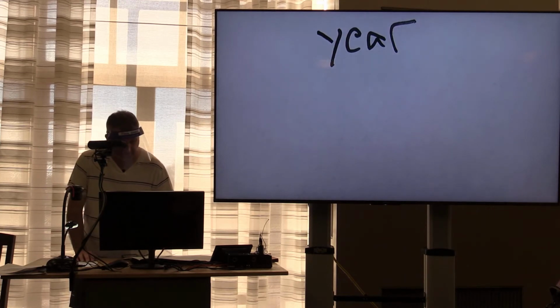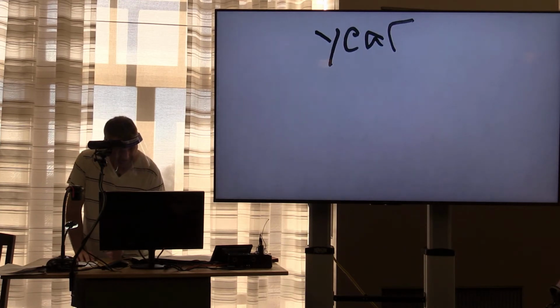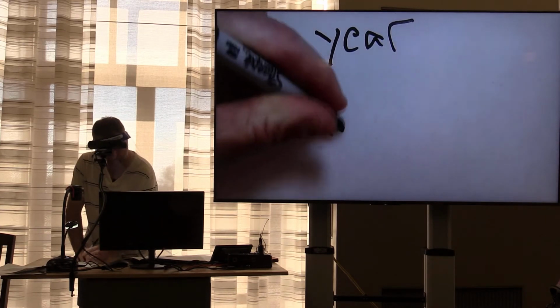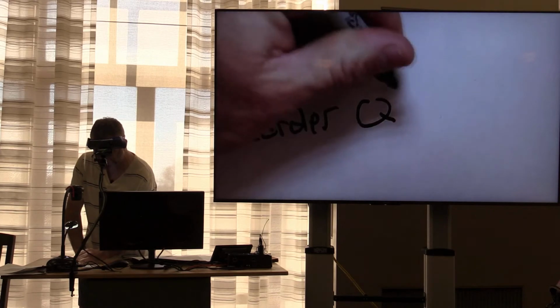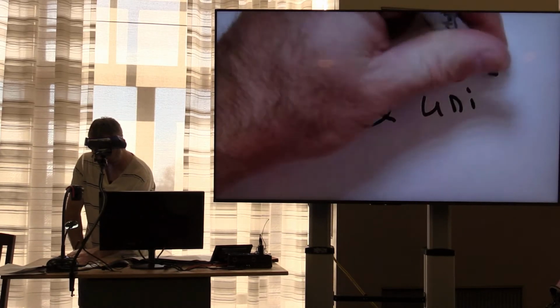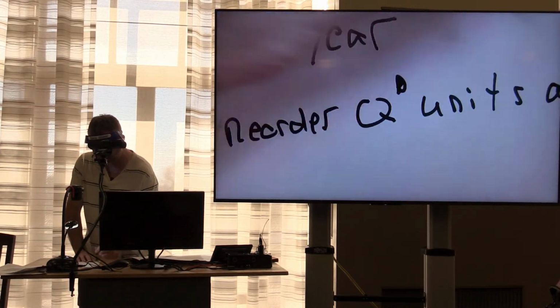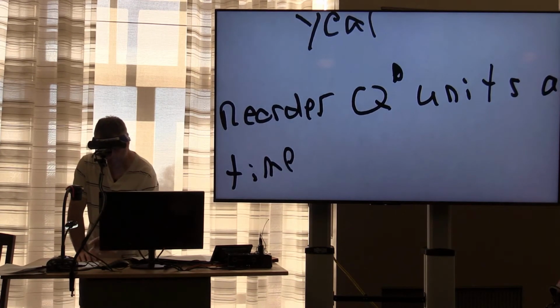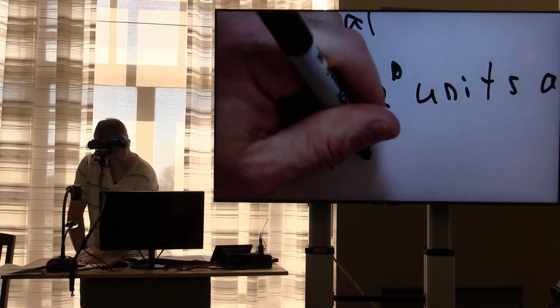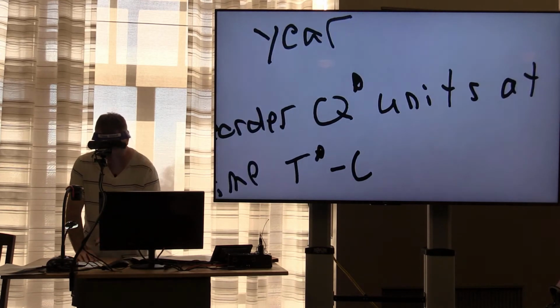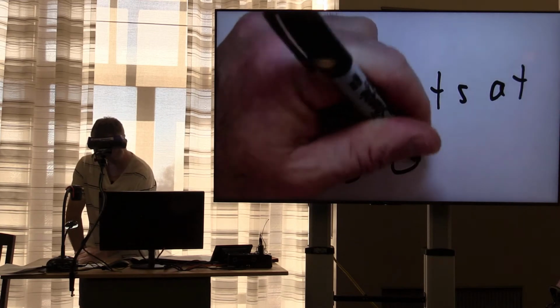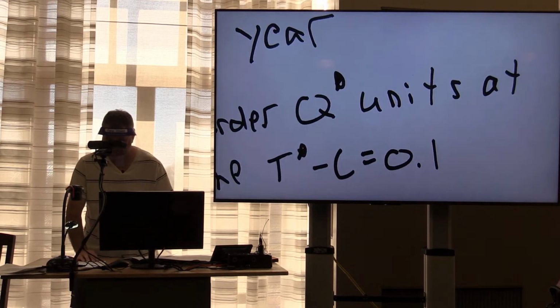So our answer to number 11 is we order Q star units at time T star minus L. We already said T star was 0.1, 10%.